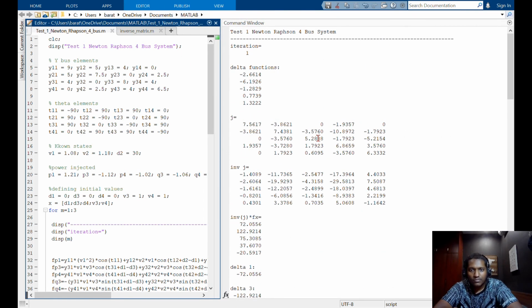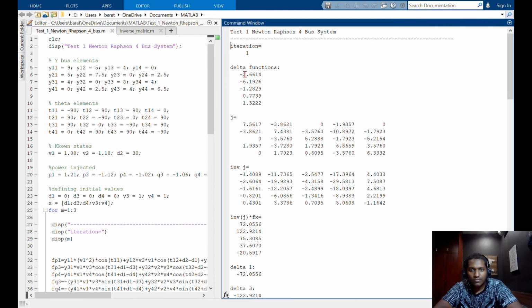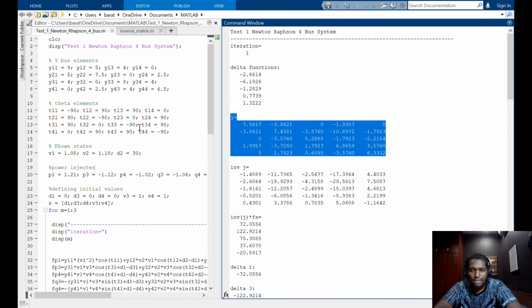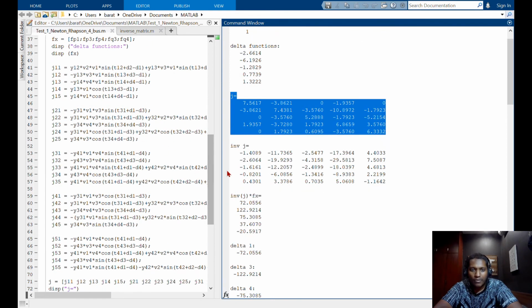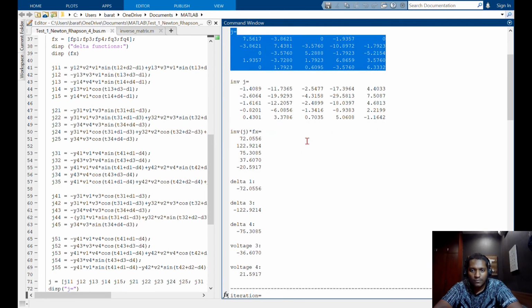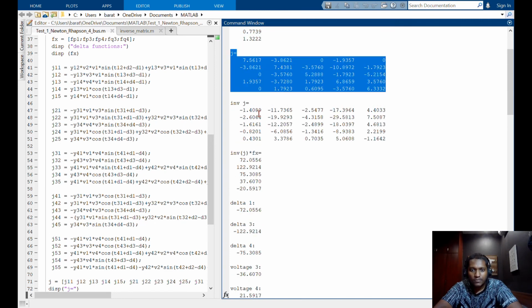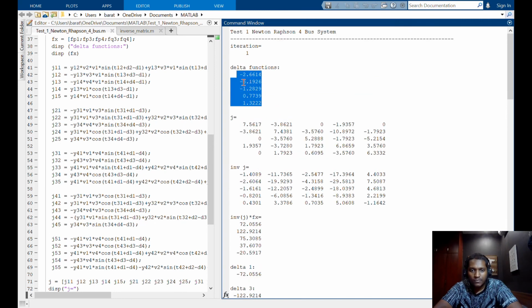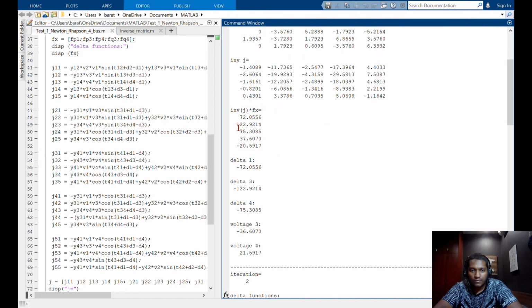as you can see, for the first iteration, we'll get the delta functions. The delta functions are the change of P1, P2, P3, Q3, and Q4. And then we have the Jacobian matrix after calculating all the variables here, and the inverse of the Jacobian matrix. The inverse of the Jacobian times these delta functions gives you these values. These values are the change in the unknown variables.